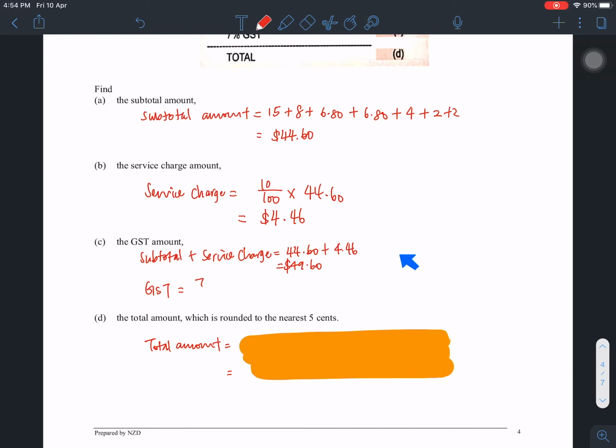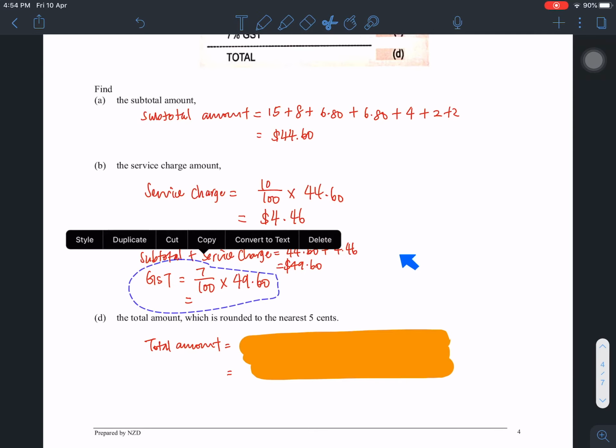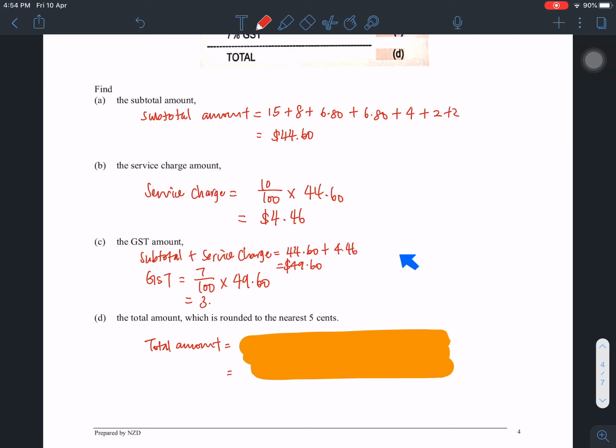That would be 7 over 100 multiplied by 49.60, and that would give us $3.4342. And of course we would like to correct this to 2 decimal places.